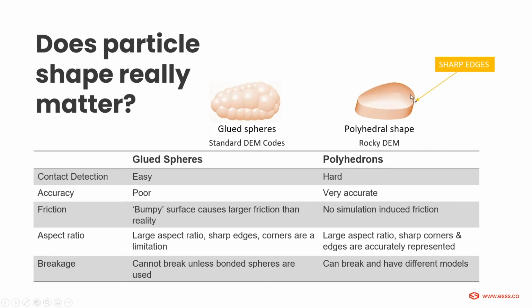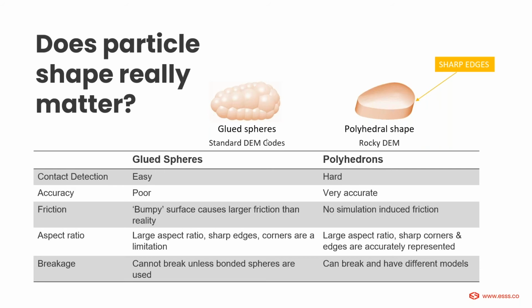But for complex shapes like this one, you need to go way more complex. If you want sharp edges, in this case, you will probably have to reduce the sphere size by a whole lot, and it will increase your computational cost by the same amount or even more.